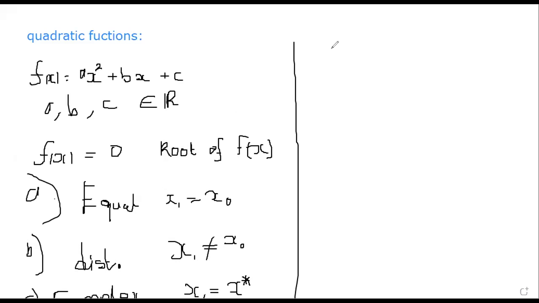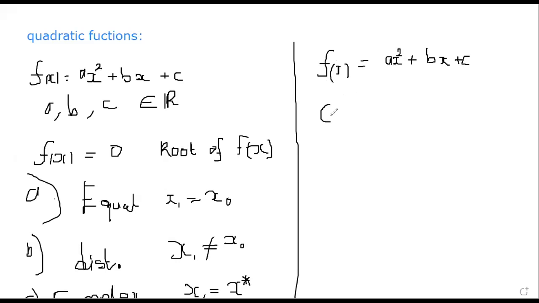Finding the roots of f of x is equal to a x squared plus bx plus c. For us to find the roots, we have to equate f of x to 0.